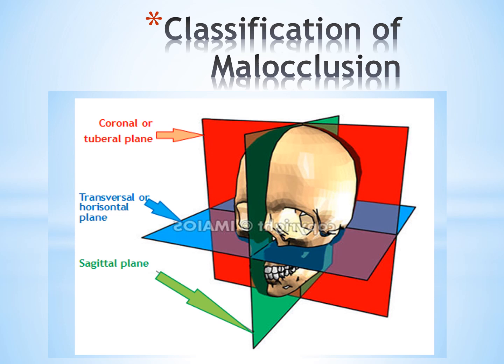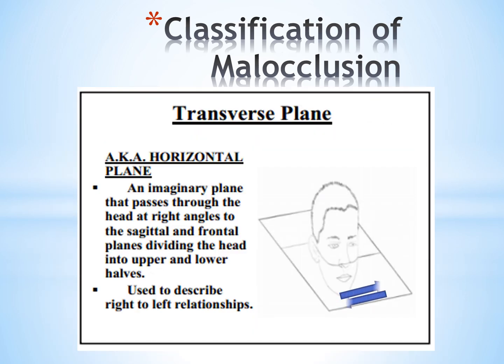And the next plane, transversal or horizontal plane, is an imaginary plane that passes through the head at right angles to the sagittal and frontal planes, dividing the head into upper and lower halves, used to describe right to left relationships.